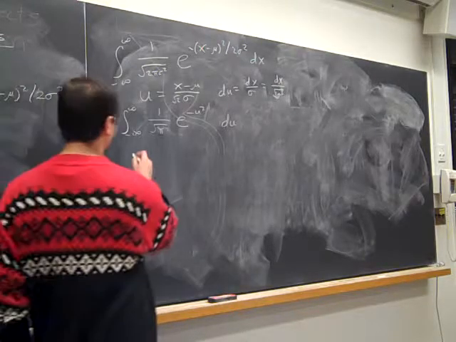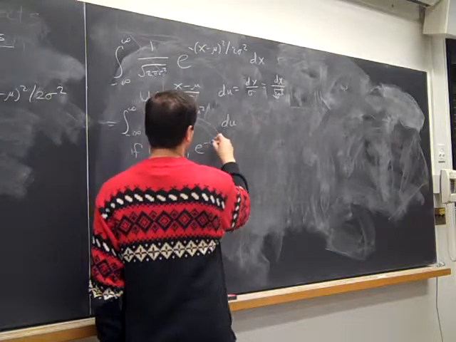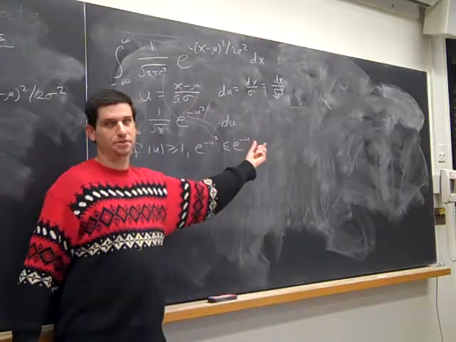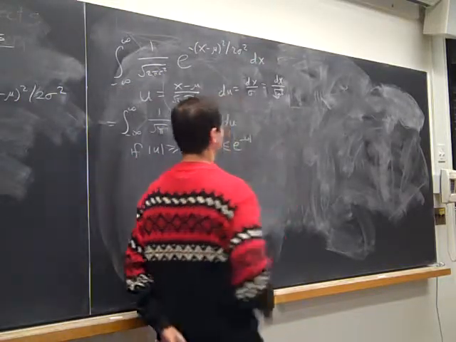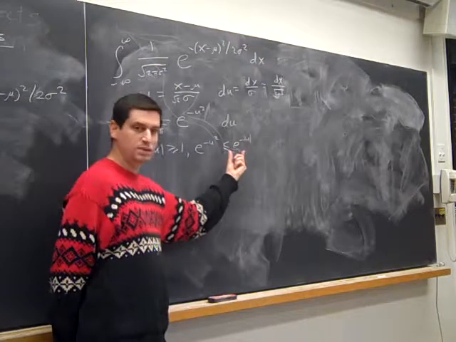Excellent. So if the absolute value of u is greater than or equal to 1, e to the minus u squared is less than or equal to e to the minus u. And that we can integrate. Or maybe I should be a little bit careful. I'll put absolute value of u over there. Does that relationship hold if the absolute value of u is less than 1?